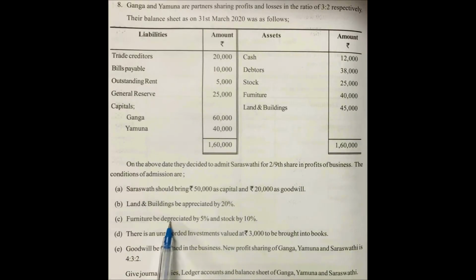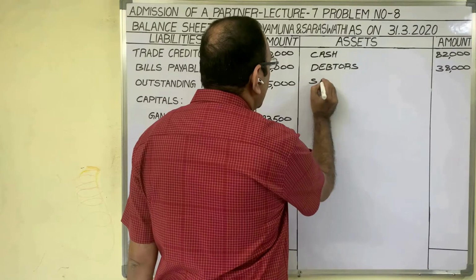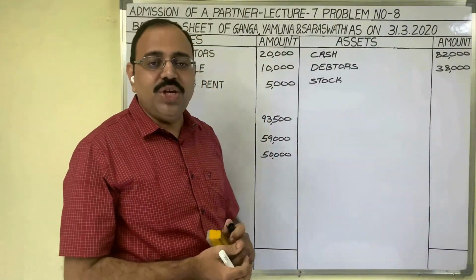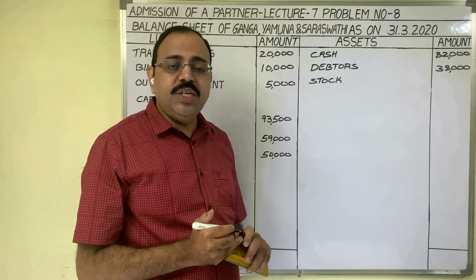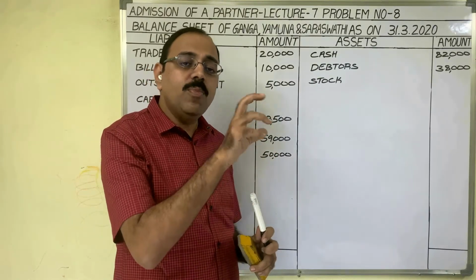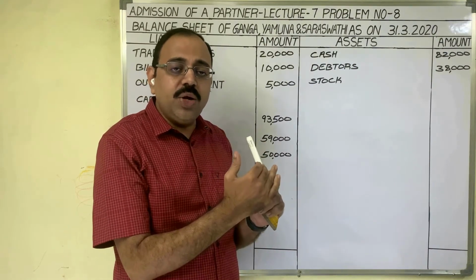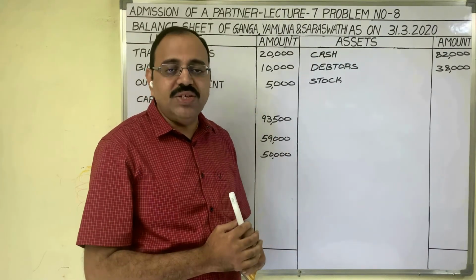Next, stock 25,000 rupees. Related to stock, there is one adjustment. We have to provide depreciation on stock at the rate of 10%. In old balance sheet, stock value is given as 25,000 rupees. And in adjustments, he is giving that at the time of revaluation of this stock, old partners decided to reduce 10% of its value.